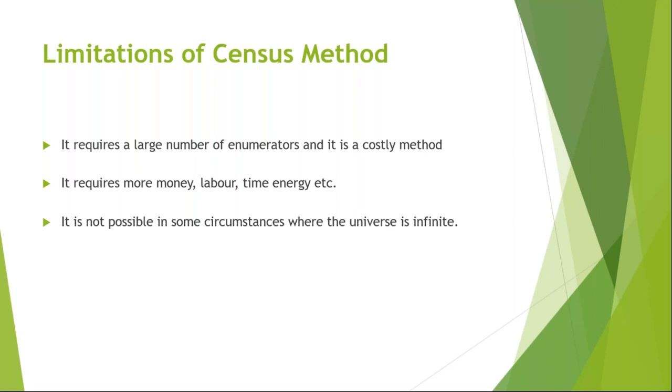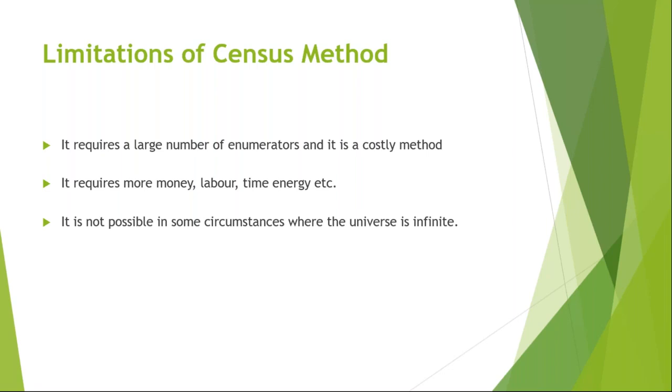You need a lot of persons, so it requires a large number of persons to collect such information. This can be very costly, because the more persons you have, the more money you spend. It requires more money, labor, time, and energy, because nobody wants to be left out of that information.